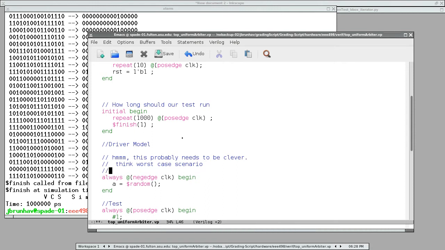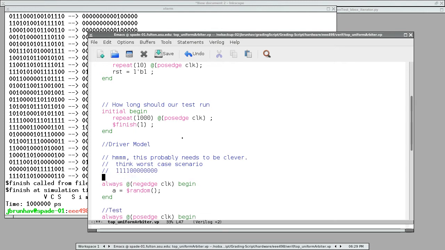The scenario that I generally like is a sliding window. 1, 2, 3, 4. 1, 2, 3, 4. 1, 2, 3, 4. So it looks sort of like this.